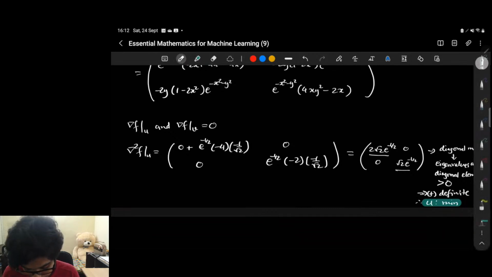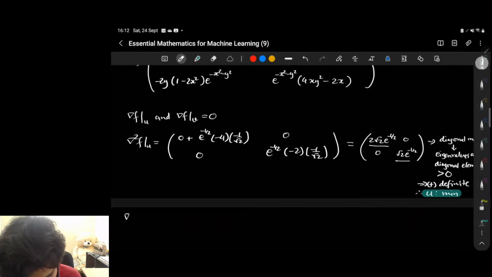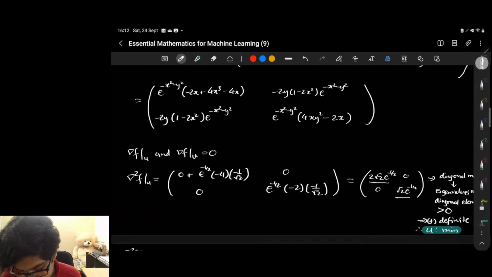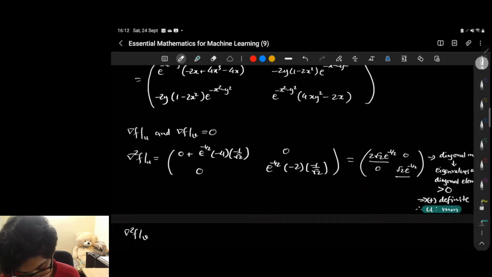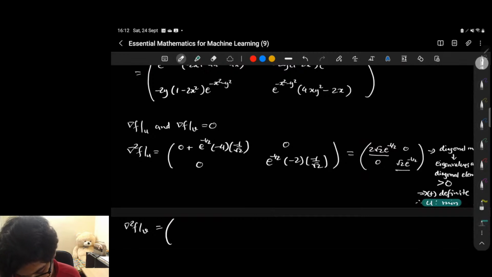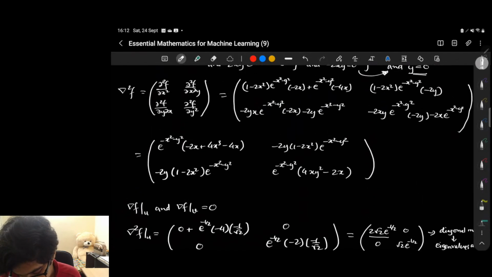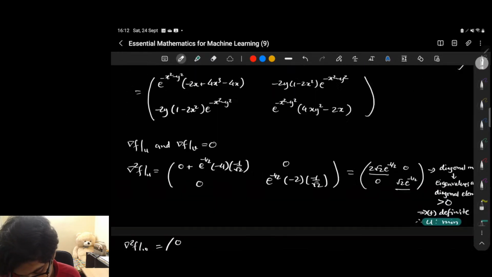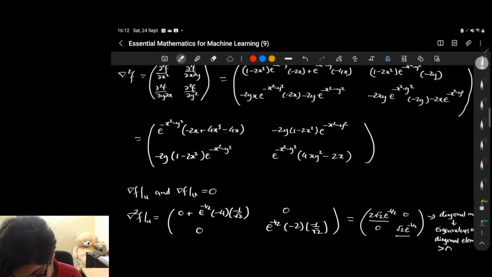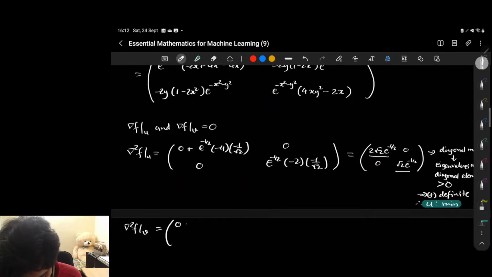Let us similarly find out for V. V is the point plus 1 over root 2 comma 0. Again, the first term, 1 minus 2x squared, is 0. Then you have plus e to the power minus half times minus 4, and x this time is plus 1 over root 2.